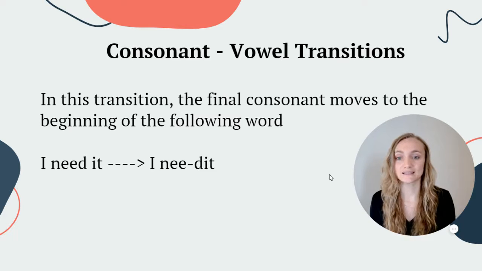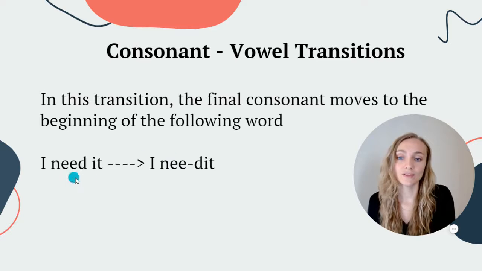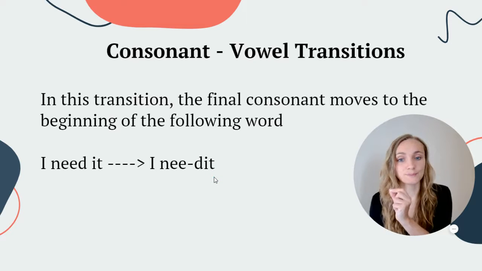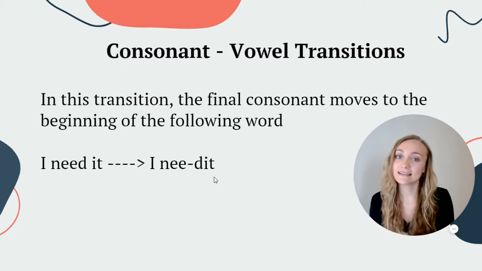When a word ends in a consonant, the next is a vowel sound. So it really sounds like I need it. And it sounds like this D and it get stuck together. Okay? So we don't hear I need it, but I need it.